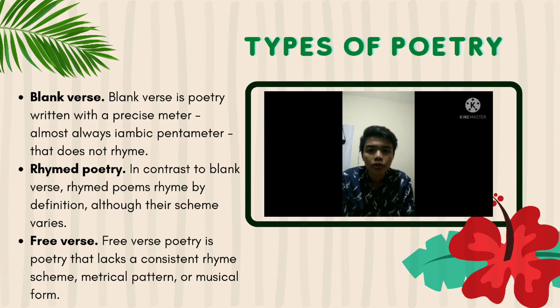Moreover, modern poets do like to throw in the occasional line or phrase of metered poetry, particularly if they are trying to create a certain effect. Free verse can also apply to a lack of a formal verse.